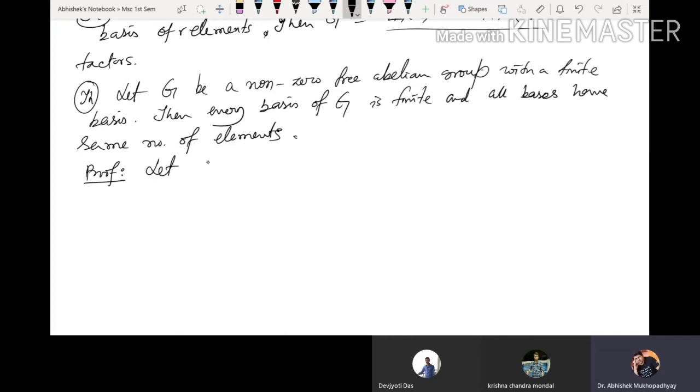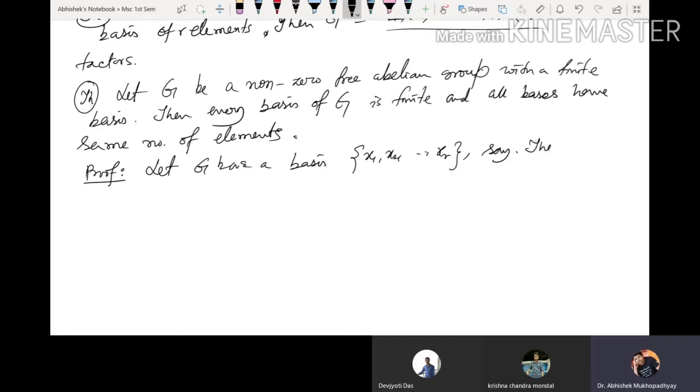Now let us consider a basis of G. So let G have a basis, say x1, x2, ..., xr.